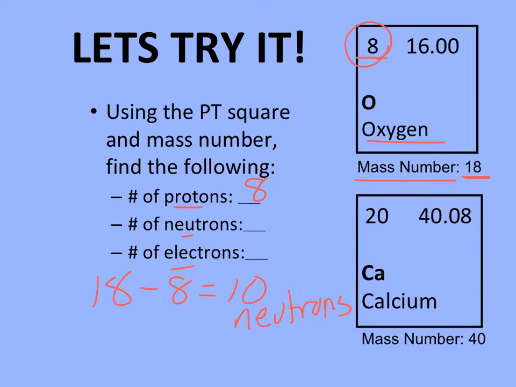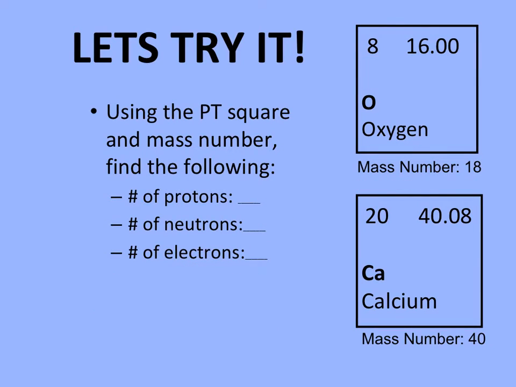So for this specific type of oxygen, it's got 10 neutrons. Now the number of electrons is easy because we know that in a neutrally charged atom, the positives or protons have to equal the negative electrons in order to have no charge. So we know that these two are going to be the same. So if we were going to make a diagram of this, we would have in the nucleus 8 protons, 10 neutrons, and orbiting around that nucleus would be 8 electrons.